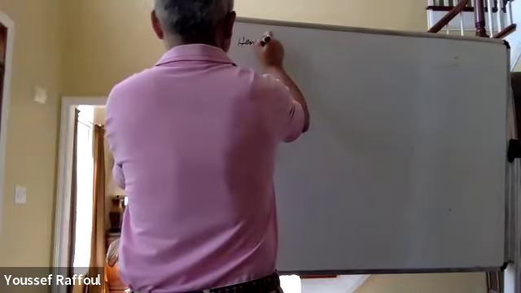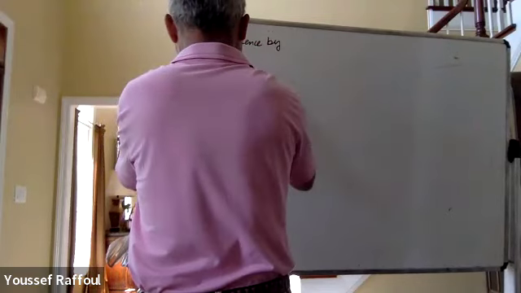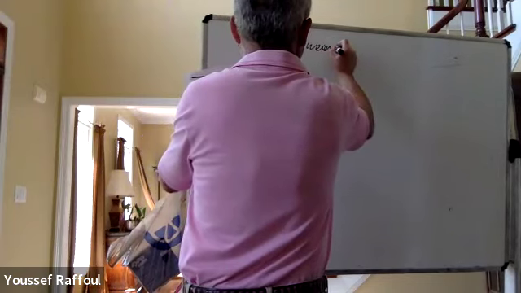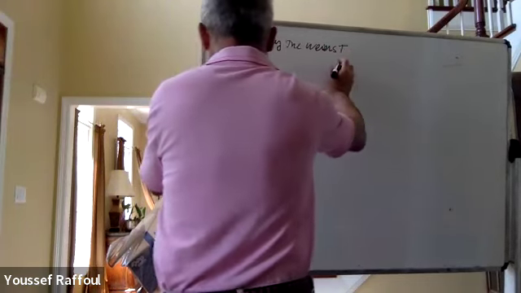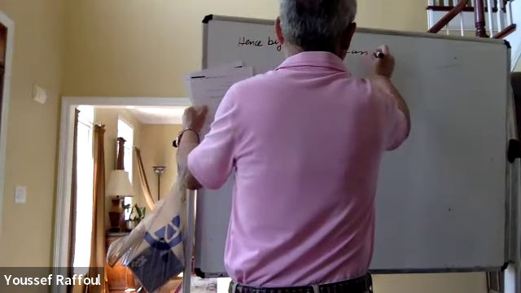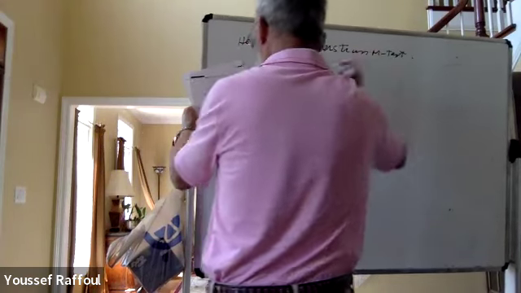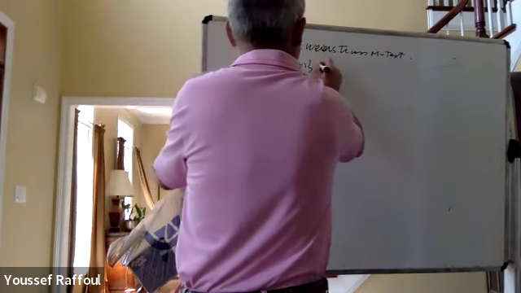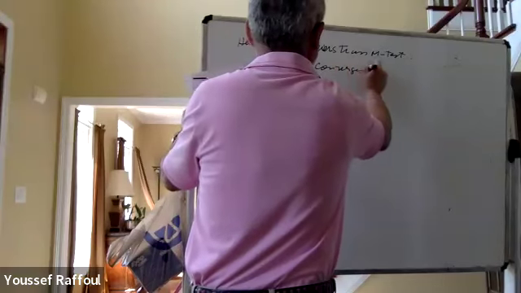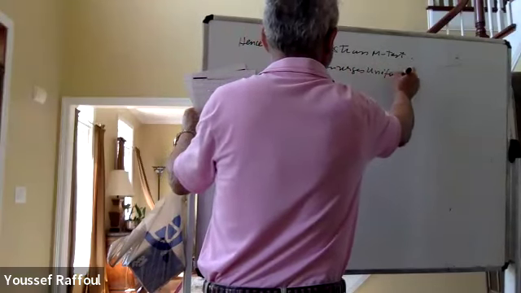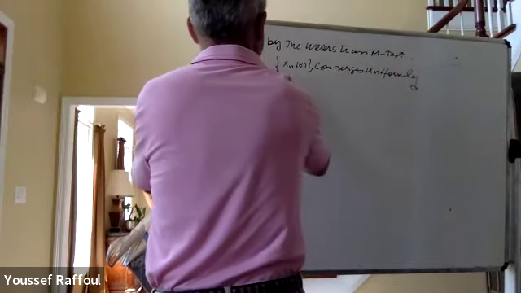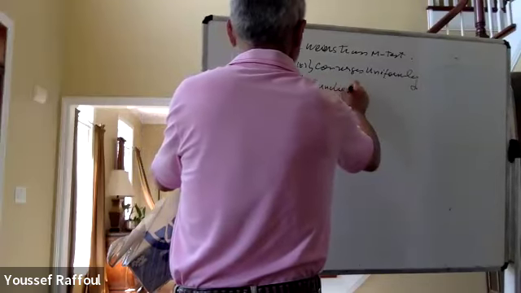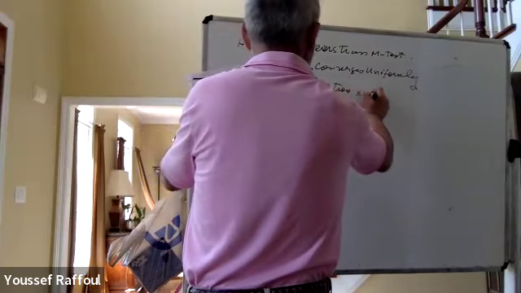Hence, by the Weierstrass M-test, xn of t converges uniformly, say, to a function x of t.